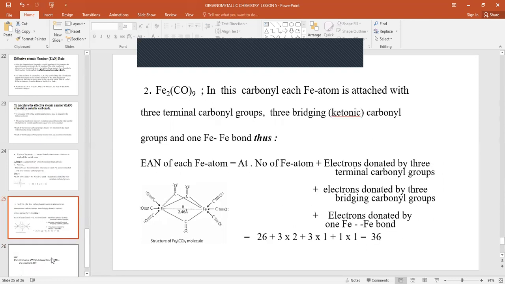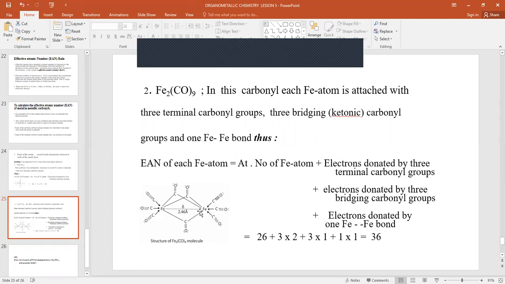Number 2, the dianion carbonyl. In this carbonyl, each iron atom is attached to 3 terminal carbonyl groups: 1, 2, 3 on this iron, and also 1, 2, 3 on this side. And there are 3 bridging carbonyl groups, 1, 2, 3, and 1 metal-metal bond.